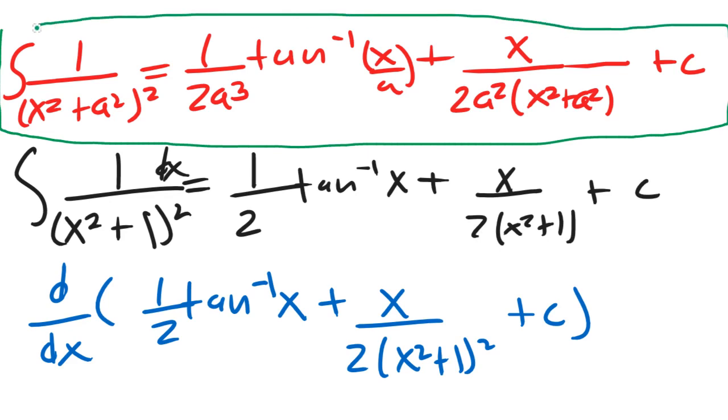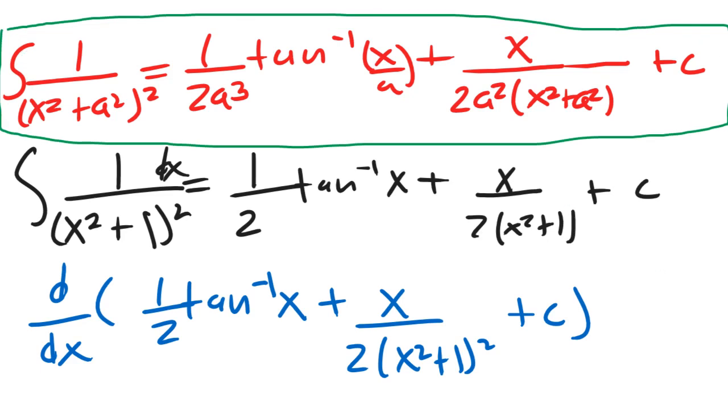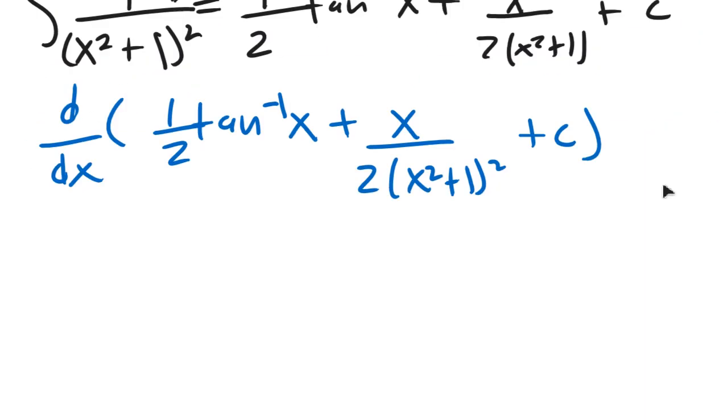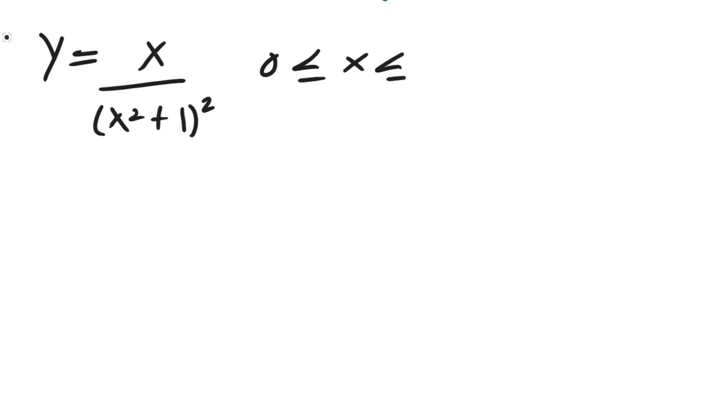then what does that mean if I had a different integral? Say, for example, you had y equals x over x squared plus 1 squared, and you wanted to look at this for x from 0 to 1, and you wanted to find the volume that's rotated about the y-axis.